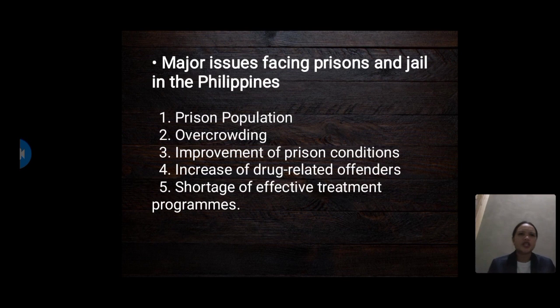So the major issues facing prisons and jails in the Philippines: first is the prison population overcrowding, improvement of prison conditions, increase of drug-related offenders, and lastly, the shortage of effective treatment and programs. So those are the major issues facing the prisons and jails here in the Philippines.